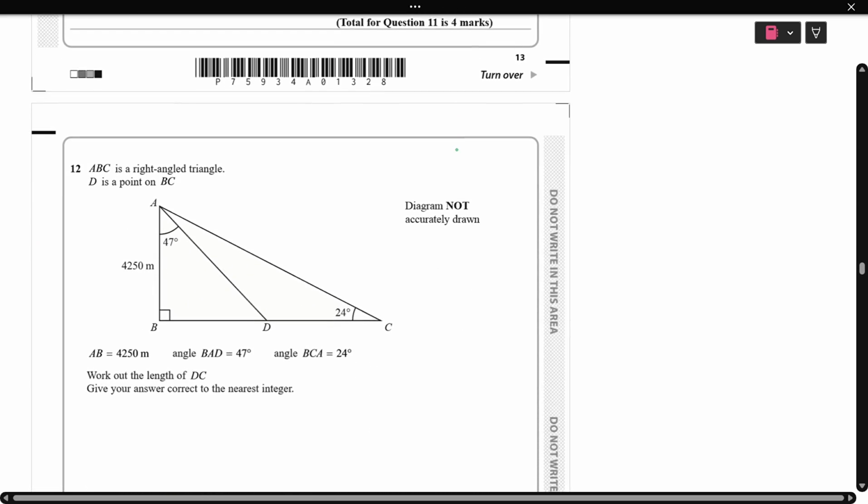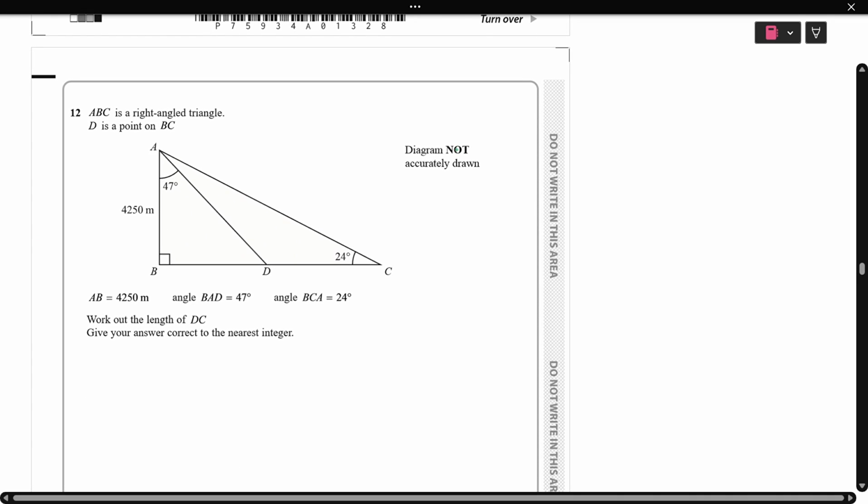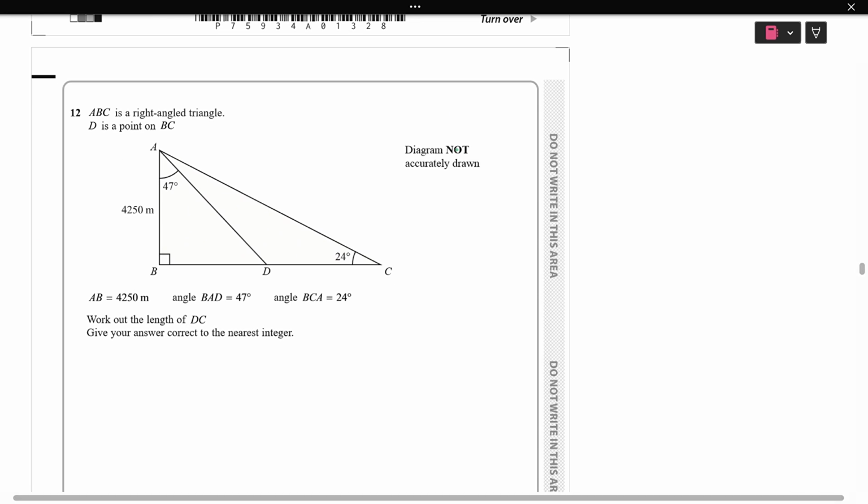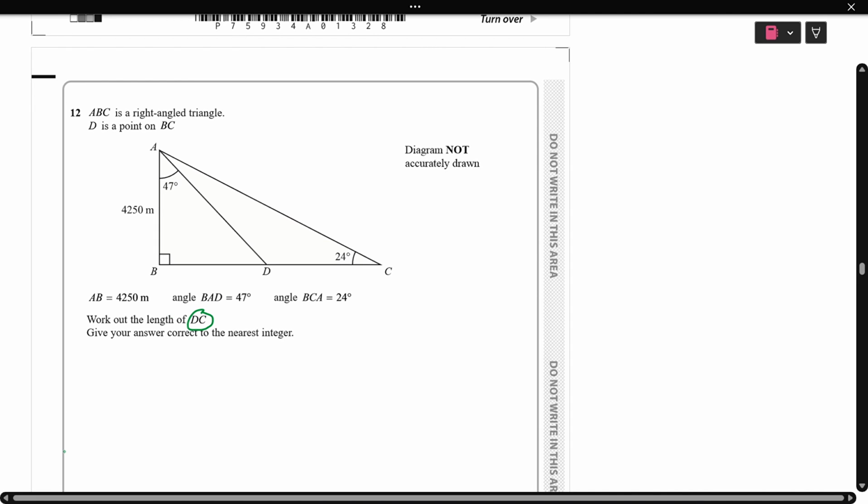Okay, the next question, question number 12. We need to find here DC. Okay, so first I'm taking the small triangle, triangle ABD. I'm going to find BD first.